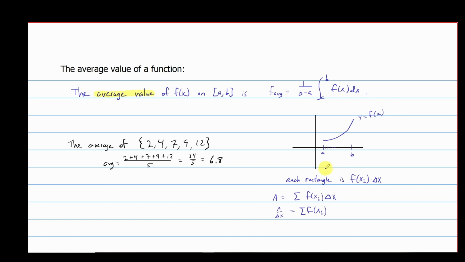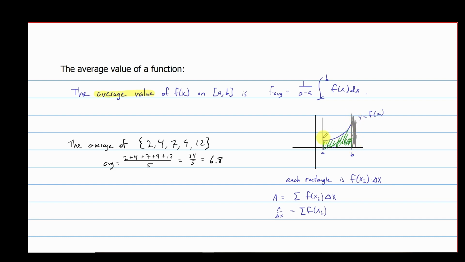Another way to think about this is to take a little bit of a geometric point of view. Imagine this area here, and I put solid walls on the side, on my a and on my b.